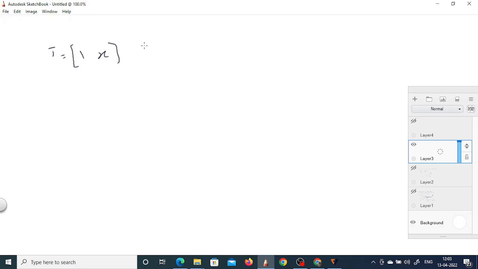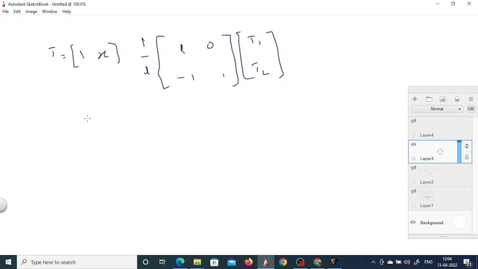After that, 1 divided by L into 1, 0, minus 1, L, here L minus 1 into T1 T2. Likewise, I can recollect the things.